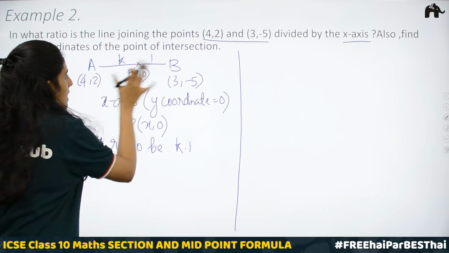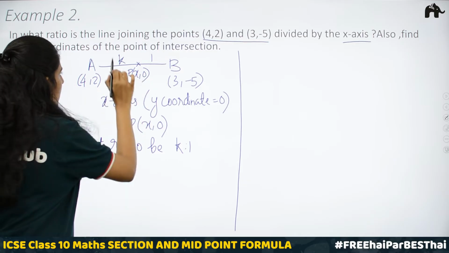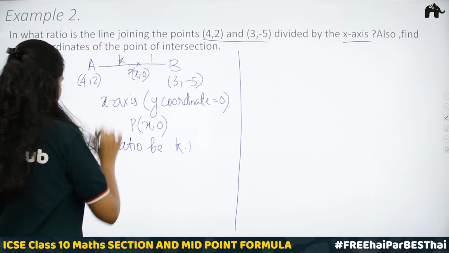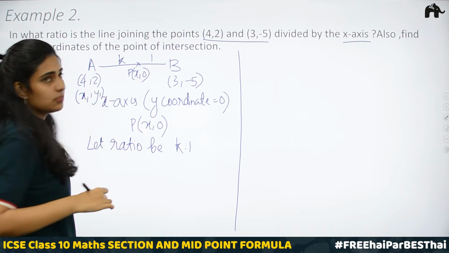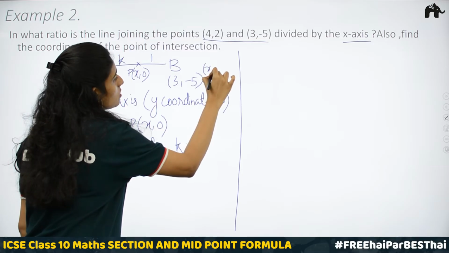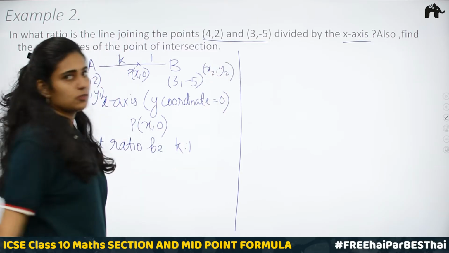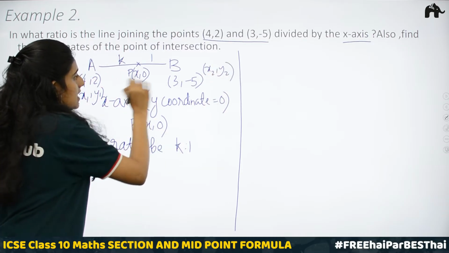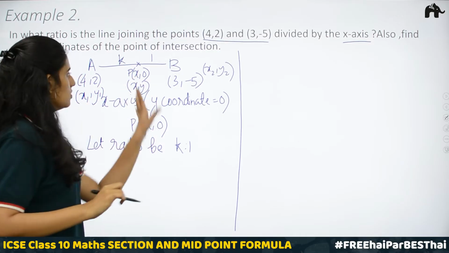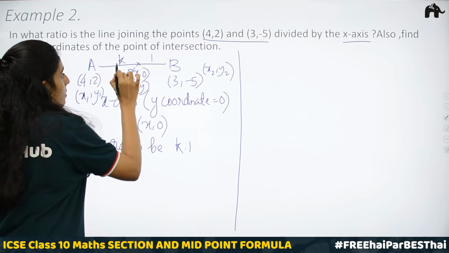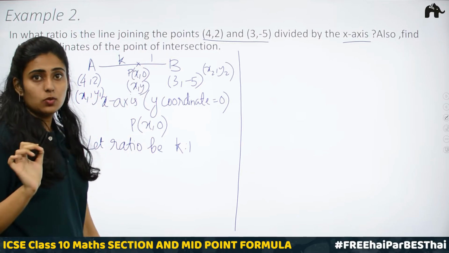First let us find the ratio. For that, what is given? Here we have the x1, y1 values and the x2, y2 values. This point is x, y. We know the y coordinate is equal to 0. And the ratio m1 is to m2 is equal to k is to 1.